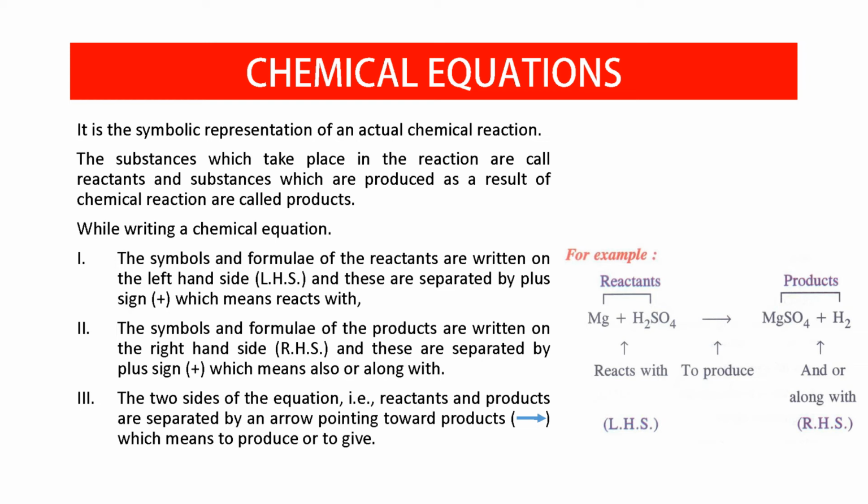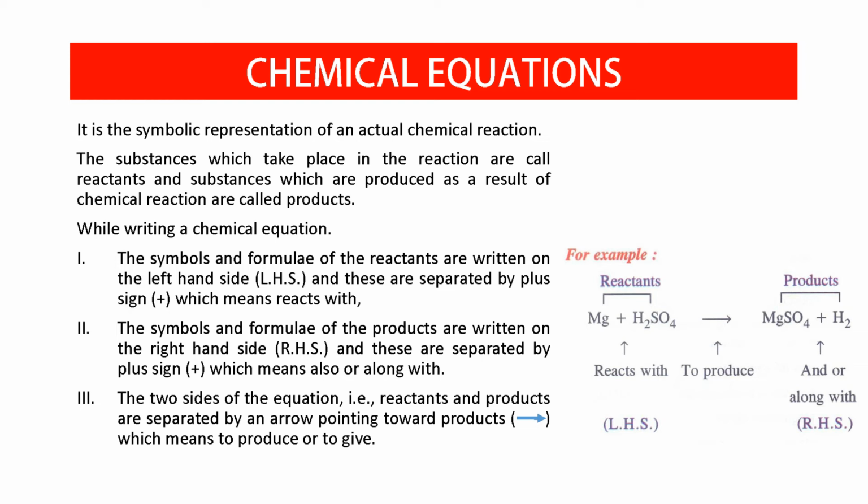We also put a plus sign between two products. But this is a very important point: we write reactants on the left hand side and products on the right hand side, and in between reactants and products we put an arrow. What is the meaning of the arrow? The arrow means produce or give. So we always put an arrow between the reactants and the products.